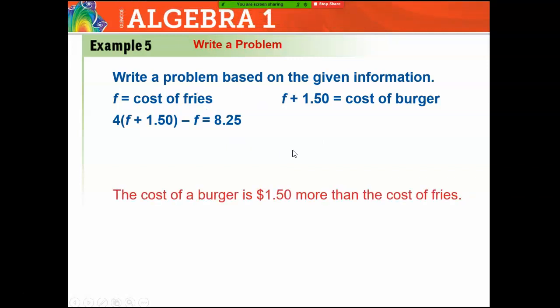So I would probably start with the cost of a burger is $1.50 more than the cost of fries. I would take this top line and I would make a relationship between them.